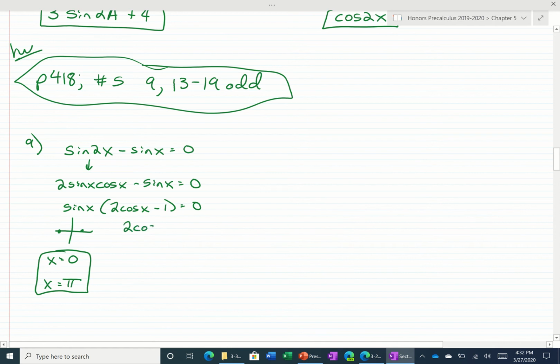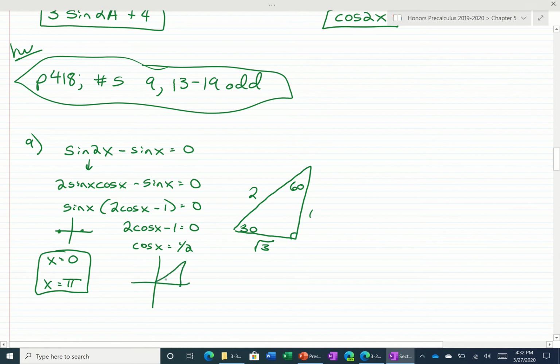And for this part, 2 cosine of x minus 1 equals 0, so when's cosine equal to 1/2? That comes from our 30, 60, 90 triangle. Forgive my triangle, it's awful. It's a little bit better. And the cosine of 60 is 1/2.